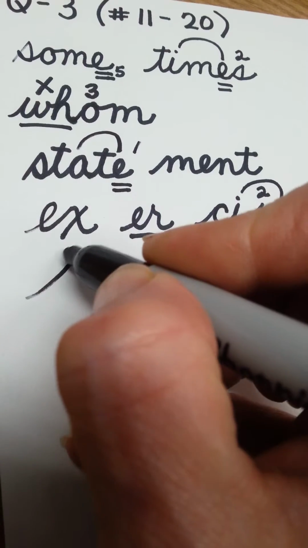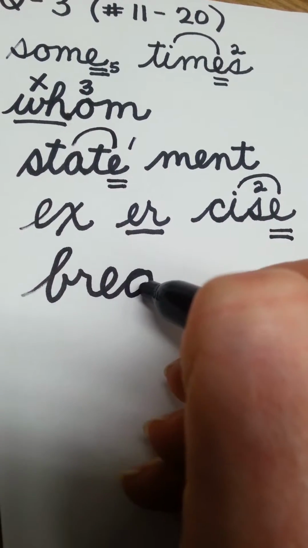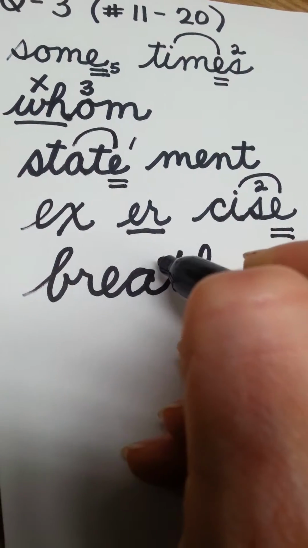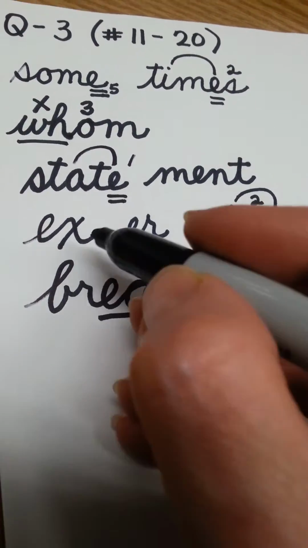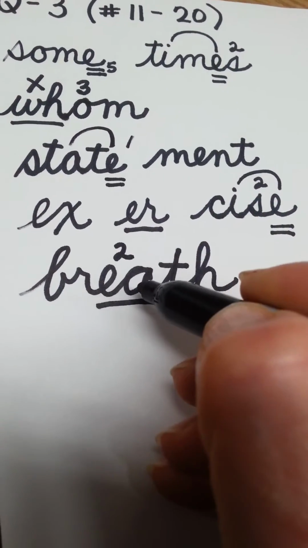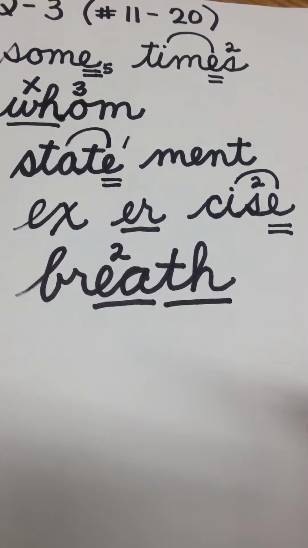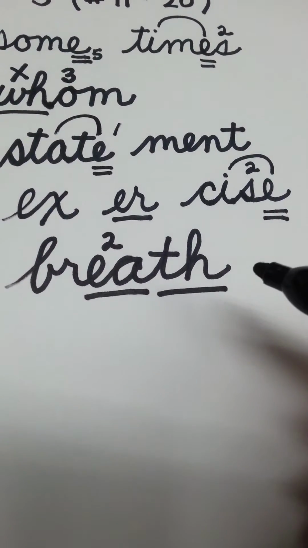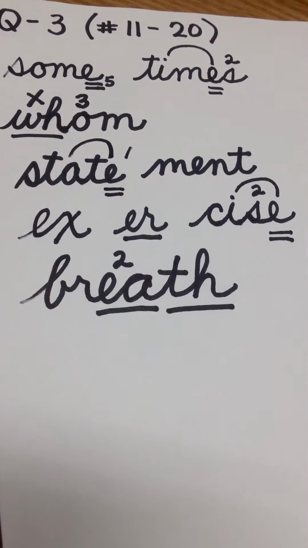B, use E, A. Underline E, A. It's making its second sound. Breath. And underline the Now the verb breathe, to breathe, would have a silent final E on the end of it, but not breath, just like this.